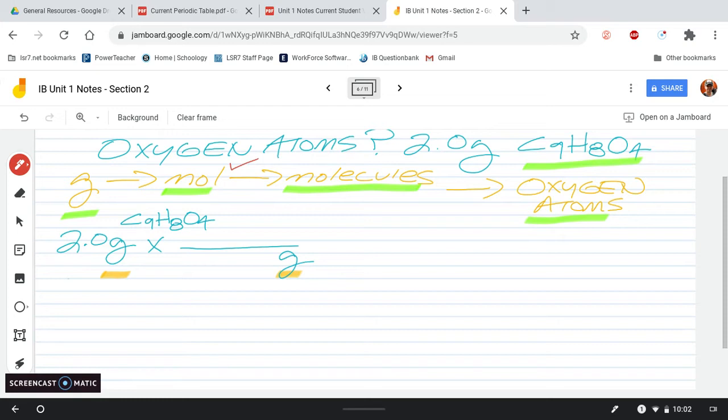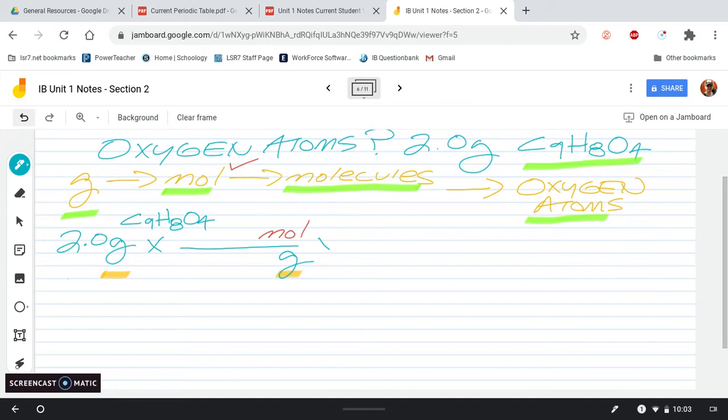So this is a multi-step conversion factor because I can't do it in one step because every step is going to have the mole in it. And so there's no mole here. So mole is going to end up on top right there because see, I didn't have a mole. It's going to end up on top. So now that I have that done, let's go ahead and set up the next conversion factor.